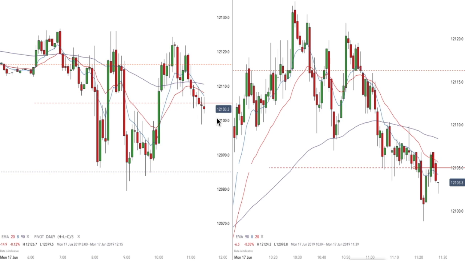We're trading these moves. That's one downwards, that's one upwards, that's one downwards, that's one upwards, that's one downwards. We're trading these legs in the trends. And so it's below the 8 exponential moving average on the 5-minute chart.